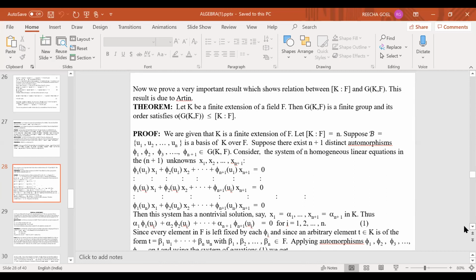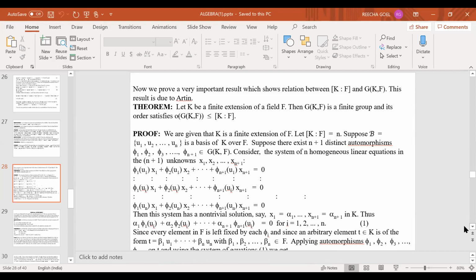So let that solution be given by x1 equal to alpha 1 up to x n plus 1 equal to alpha n plus 1. I just substitute these values here. So what I get is alpha 1 phi 1 ui plus alpha 2 phi 2 ui up to alpha n plus 1 phi n plus 1 ui equal to 0 for i equal to 1, 2, up to n, for every ui.